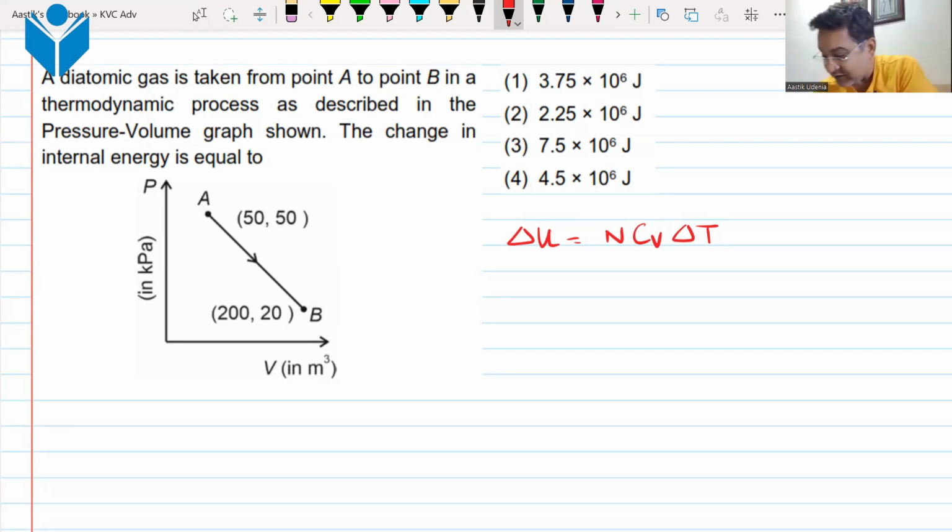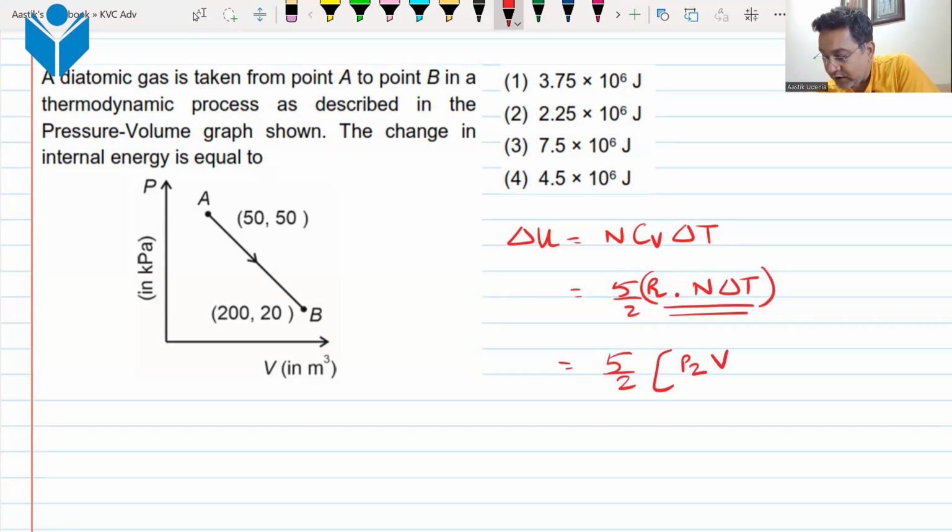Hang on. What exists? 5 by 2 R into n into delta T. You can write nR delta T as p2 v2 minus p1 v1, so it is 5 by 2 times that.